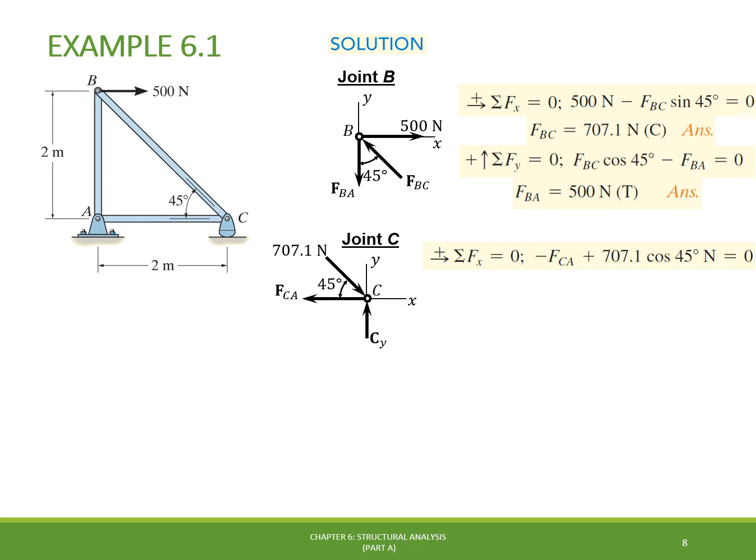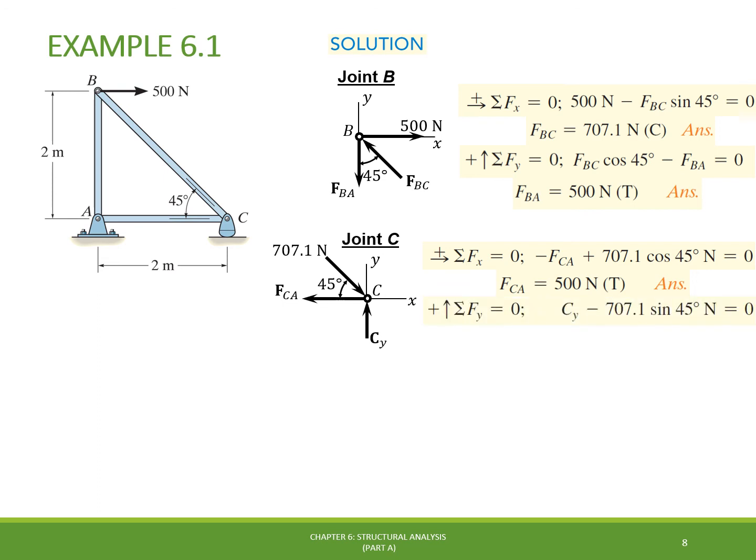By applying the equilibrium equation for the x direction, we have that minus FCA is counterbalanced by the x component of the 707.1 newtons force, which allows us to solve this equation directly for FCA. And the result is positive 500 newtons. The positive sign here confirms our assumption that it was correct, that FCA is tensioning joint C.